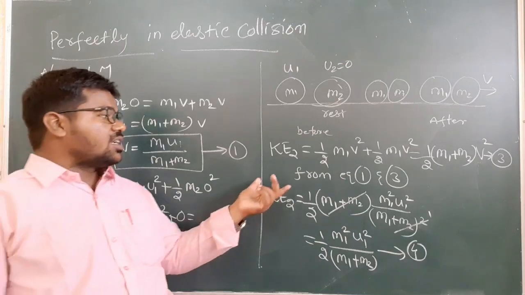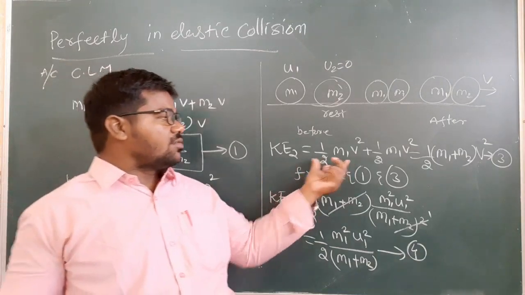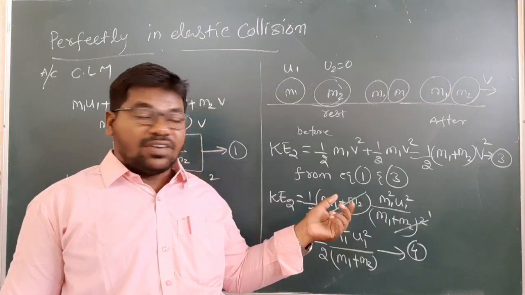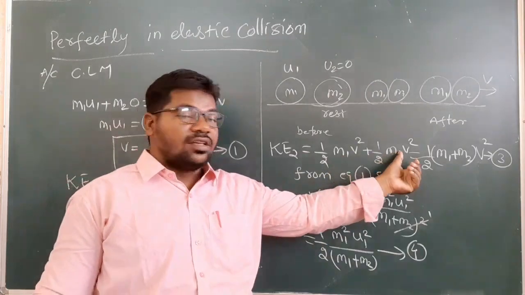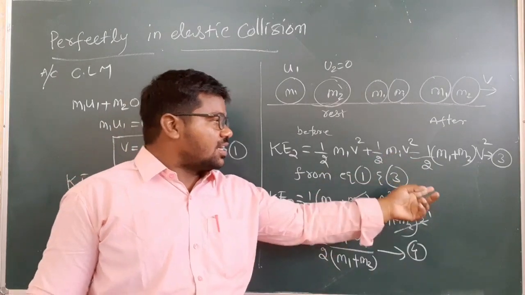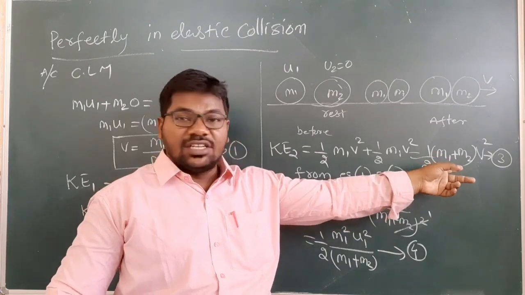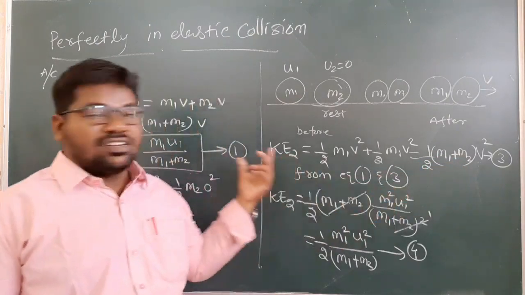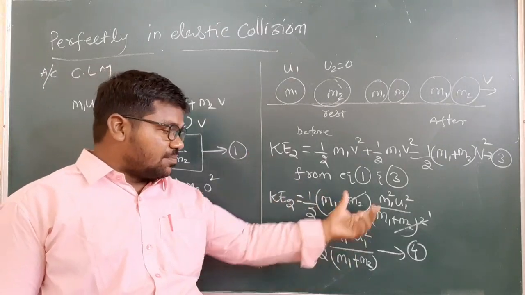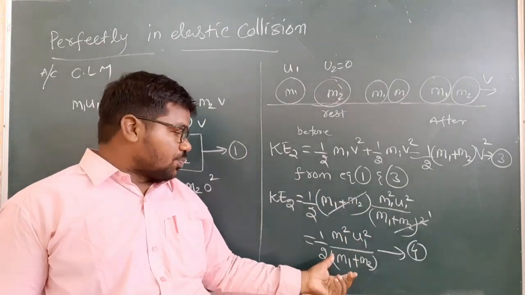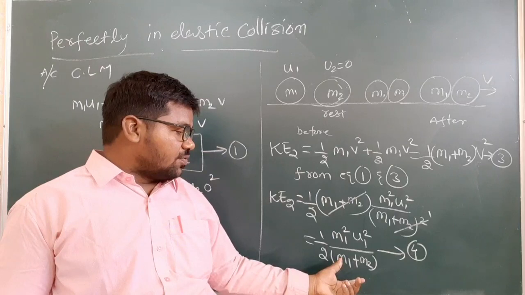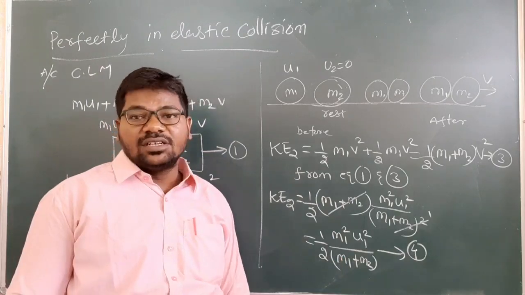Kinetic energy after collision: they are moving with the same velocity v, so rearranging we get 1 by 2 (m1 plus m2) v square. From equation 3 and equation 1, by cancelling we get 1 by 2 m1 square u1 square divided by m1 plus m2.